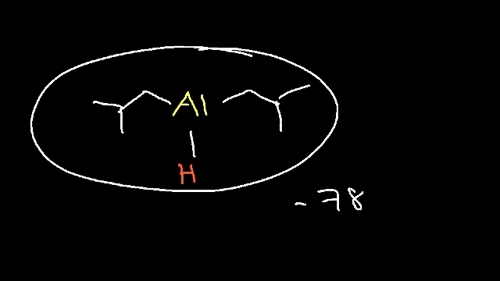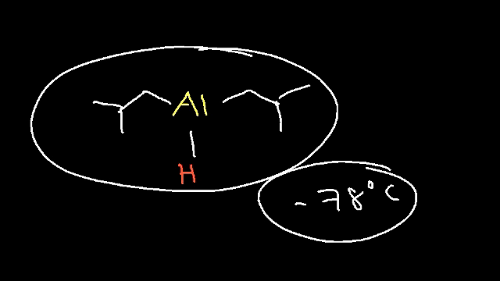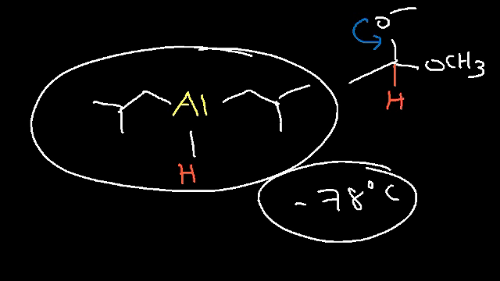You want to carry it out at negative 78 degrees Celsius. Under those conditions, the tetrahedral intermediate is stable. So once you get to this part of the mechanism, let's say between an ester and DIBAl, this tetrahedral intermediate is stable at very low temperatures, at negative 78. If it's too high, this can happen.